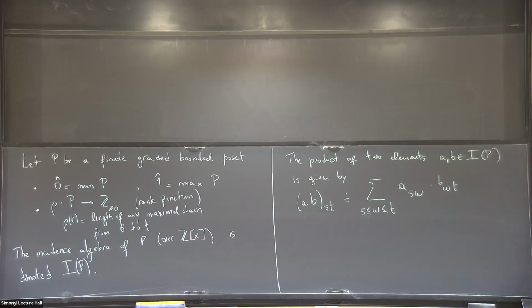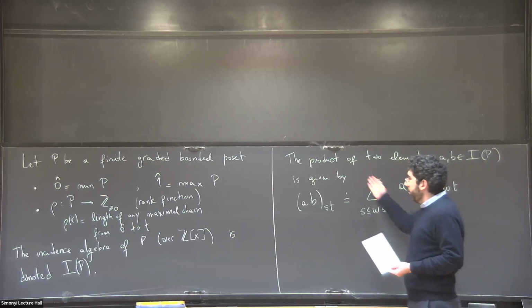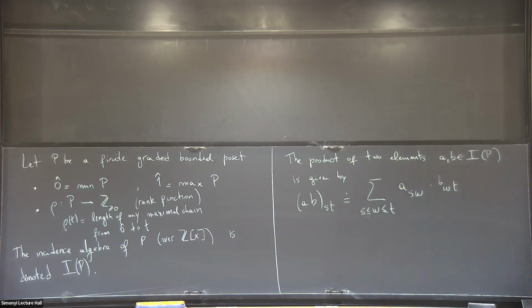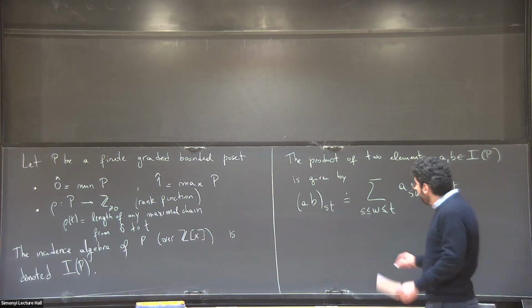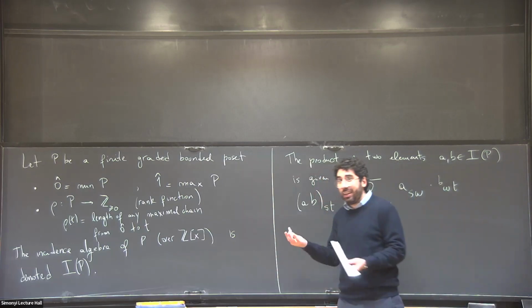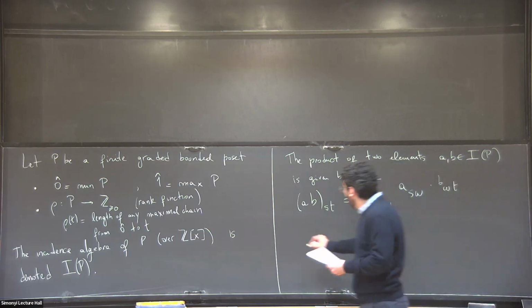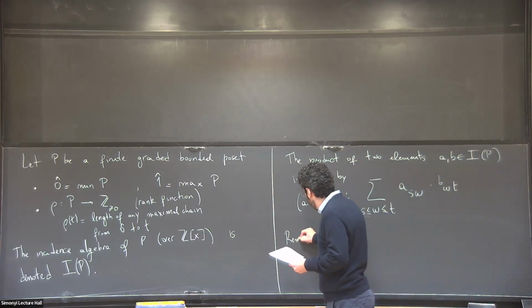So this is a product in the incidence algebra, and you can prove various things, like, for instance, that this operation is associative, and there are more desirable properties that this structure satisfies. One important property is that you have an identity, so you can talk about inverses. So let me write that. Remark.